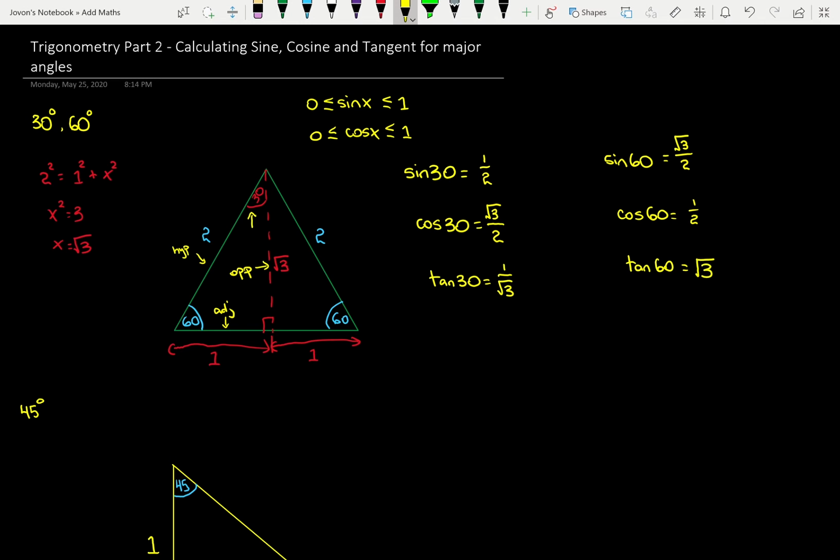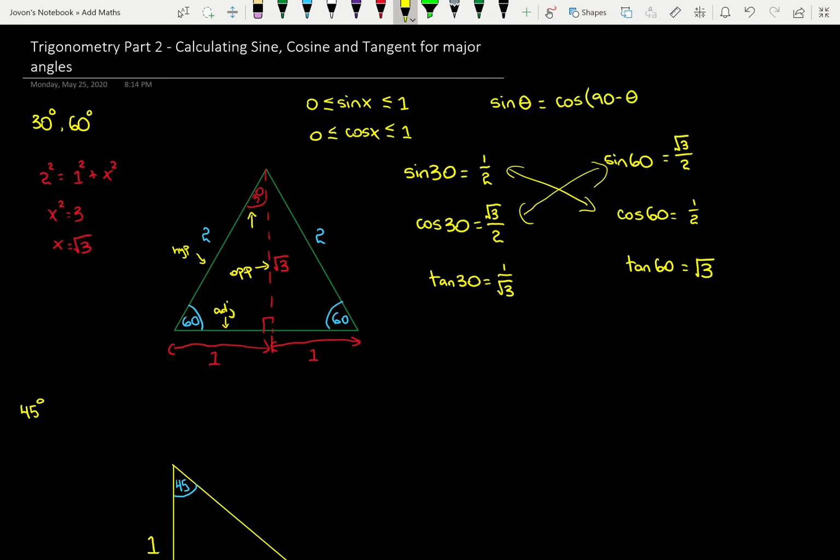An important thing to notice is that sine 30 is equal to cosine 60, and cosine 30 is equal to sine 60. An important rule to remember is that sine theta is equal to cosine of 90 minus theta.